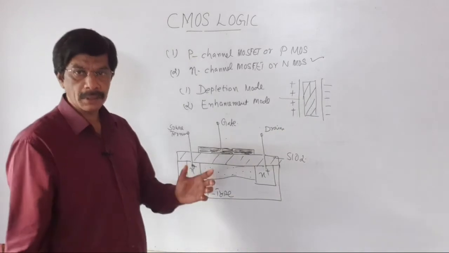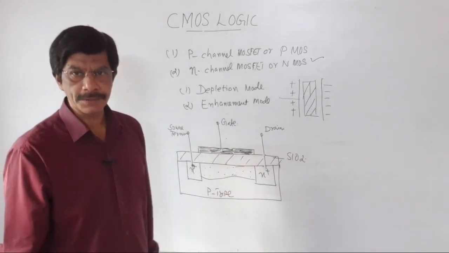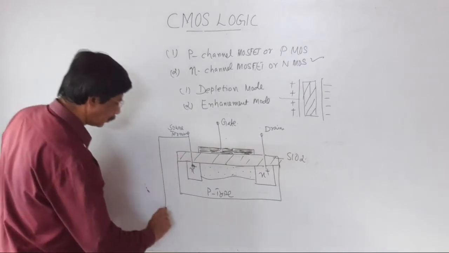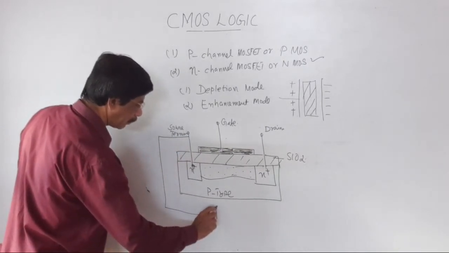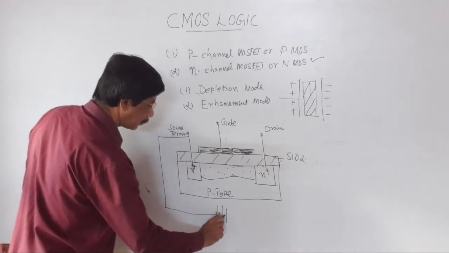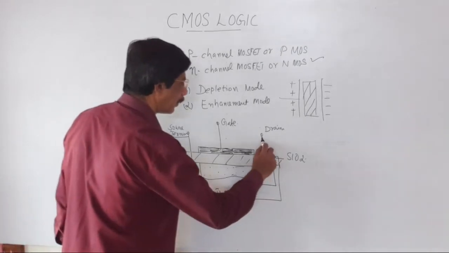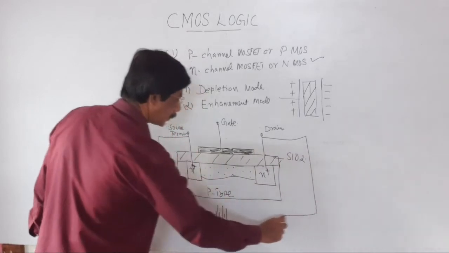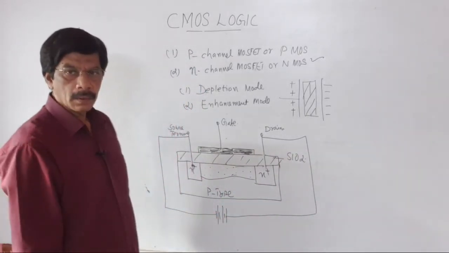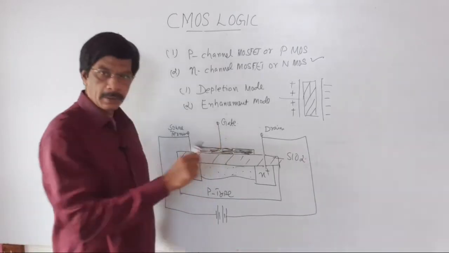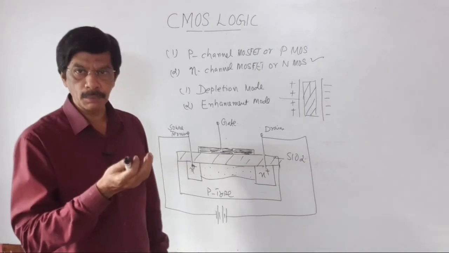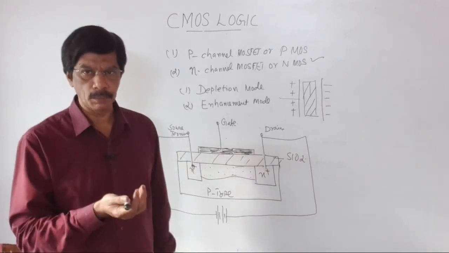Now, biasing of this transistor. The source is always connected to the negative of the power supply. The positive is given to the drain terminal. The gate is operated in both modes, that is enhancement mode and depletion mode.